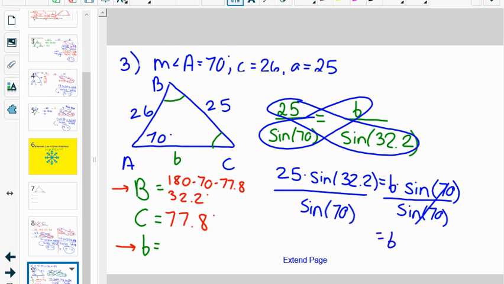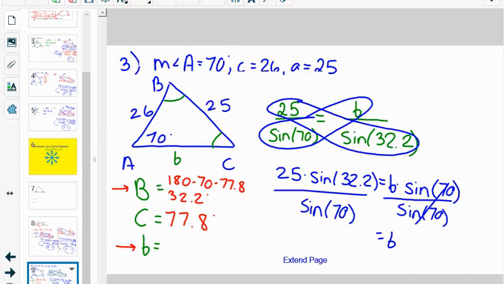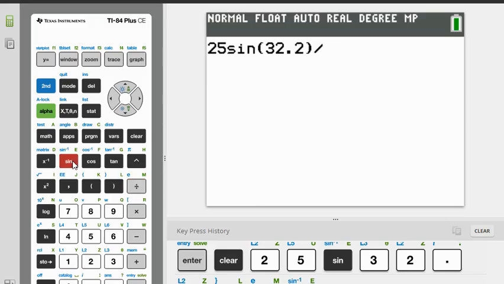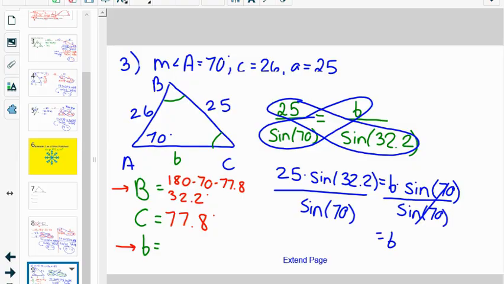And then you can type that in your calculator to get B. 25 sine of 32.2, close your parentheses, divided by sine of 70. And that gets us the last side, which is 14.2. And that is the last side.